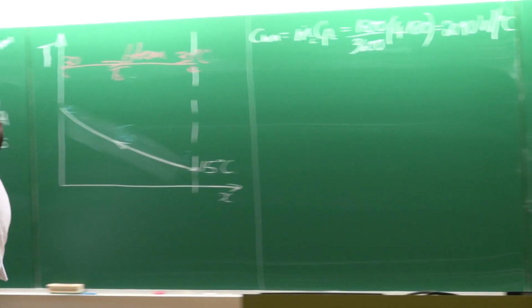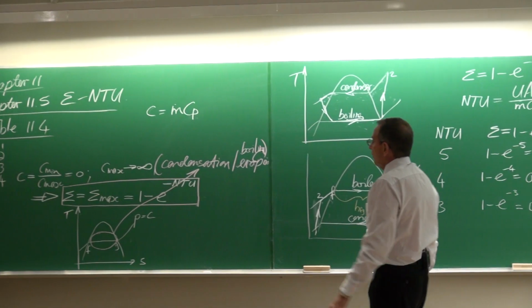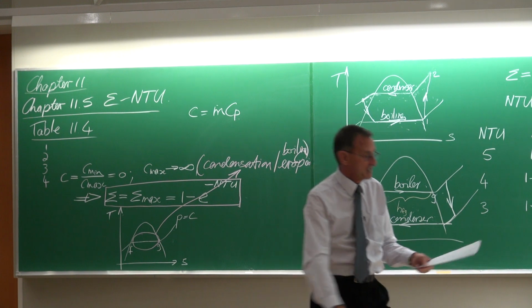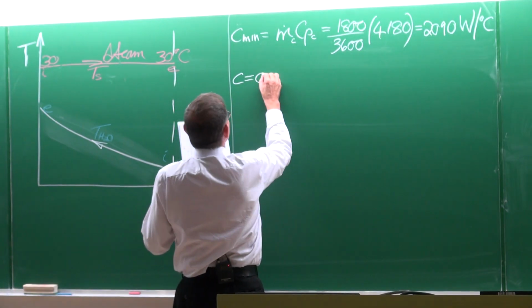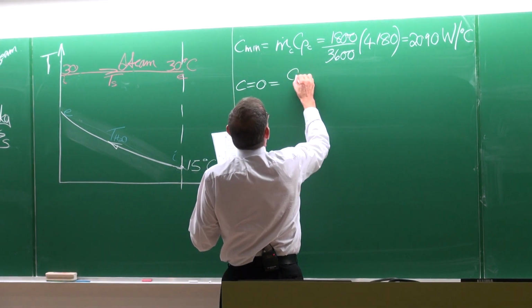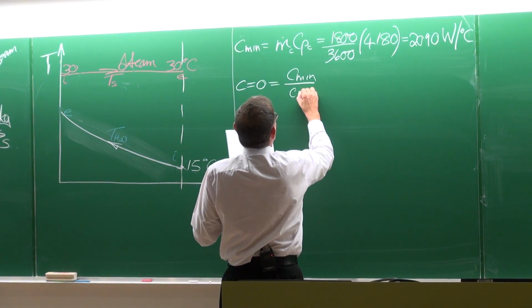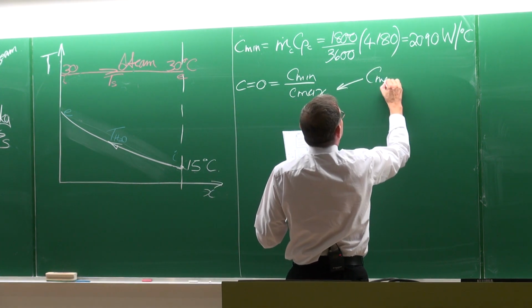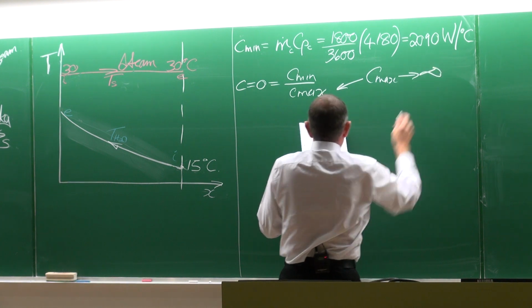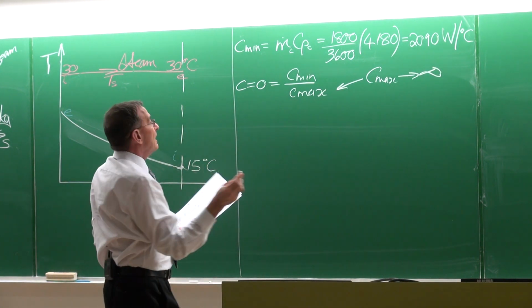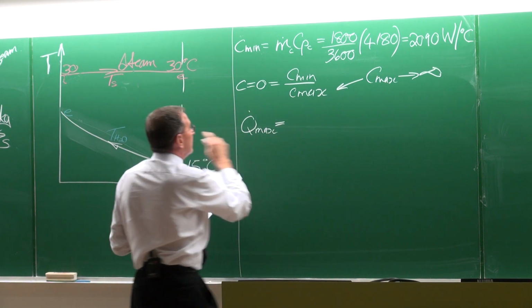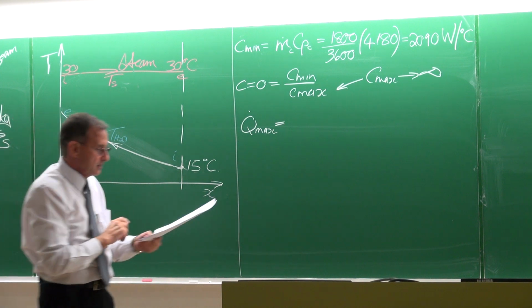Then, noticing this observation written here in terms of C minimum divided by C maximum, we can say C is equal to 0, because C maximum is infinite.